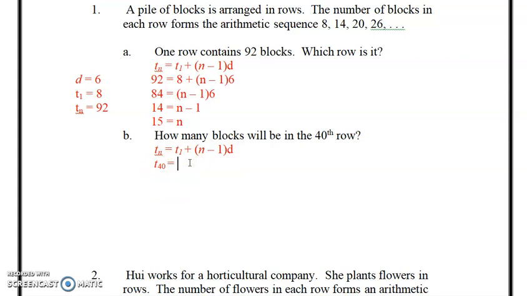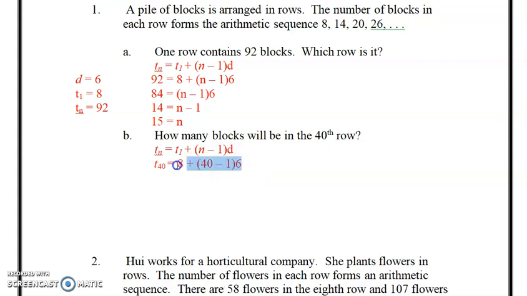Then we fill in what we know. We know the first term was 8 plus n, which is now 40 for this particular part, minus 1 multiplied by our difference, which is 6. I just recopy that line, because now we're just simplifying.